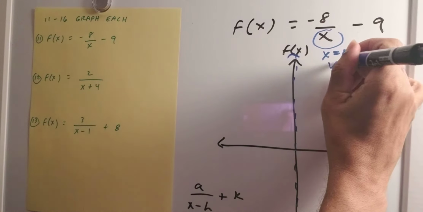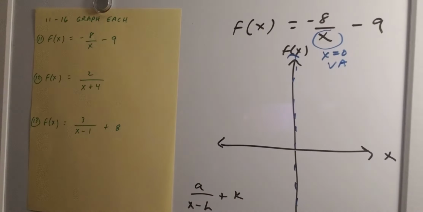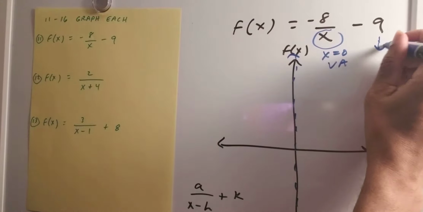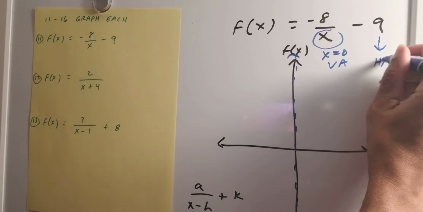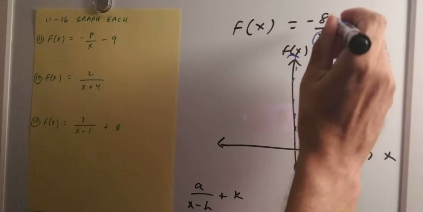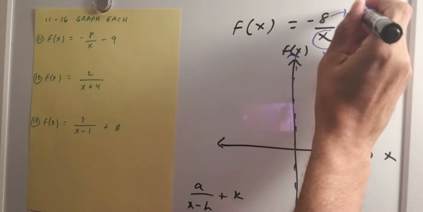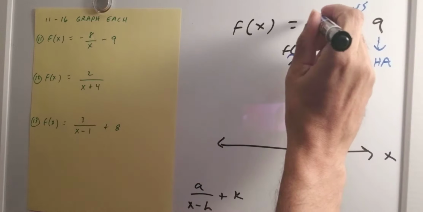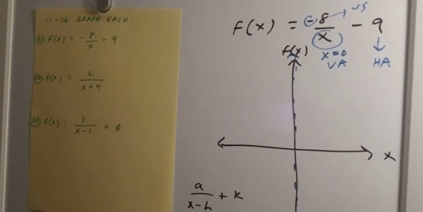It's the vertical asymptote again. And k, the -9, will represent the horizontal asymptote. We have a vertical stretch of 8, and we have a reflection.